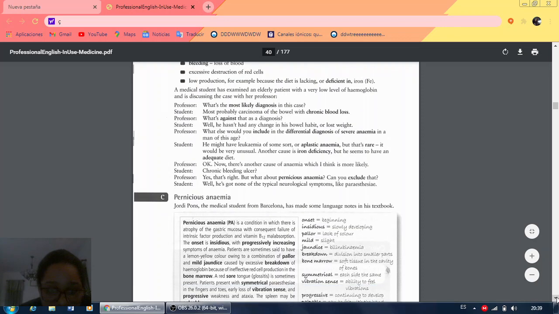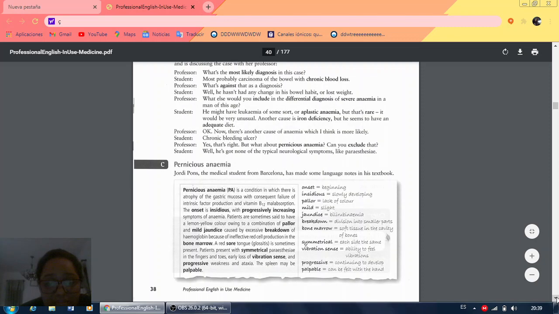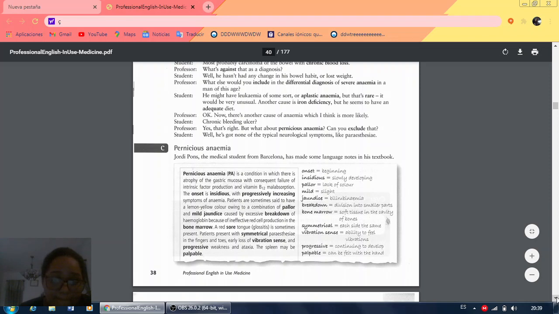Jordi, a medical student from Barcelona, makes a medicine language note in the text box. Pernicious anemia is a condition with a lack of vitamin B12 malabsorption. The patient considers the progressive symptoms of anemia.